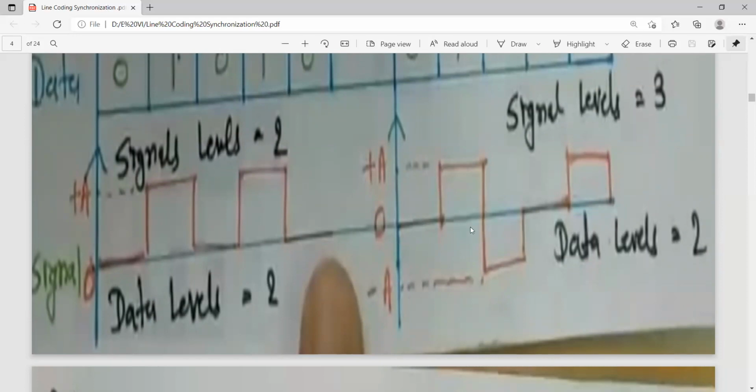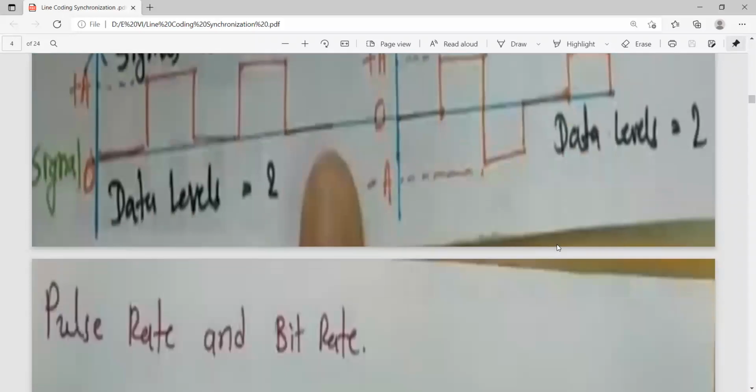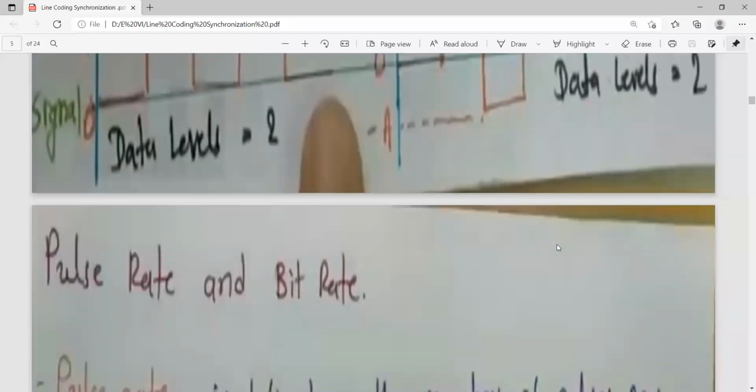But if it allows negative levels also, it has positive signals, negative signals, as well as the 0 signal. Sometimes the 0 signal is not allowed in some configuration models, so it will communicate with either positive or negative only. That depends on which model it is converting in. So this is about the signal level and data level.